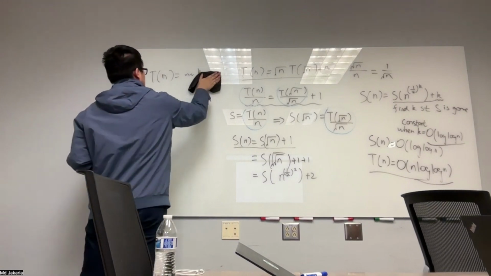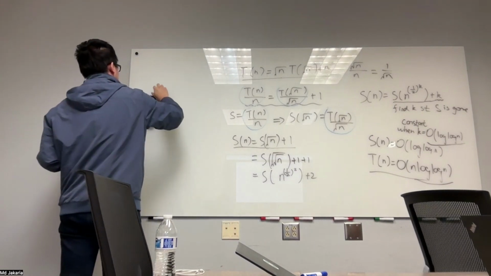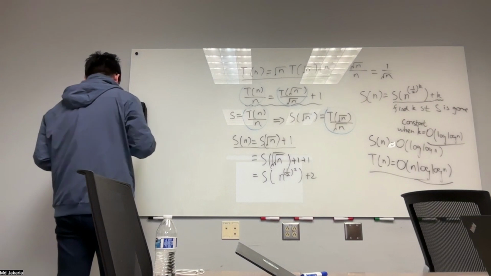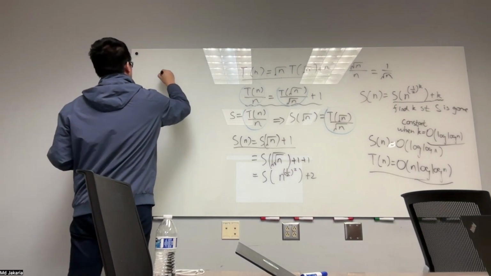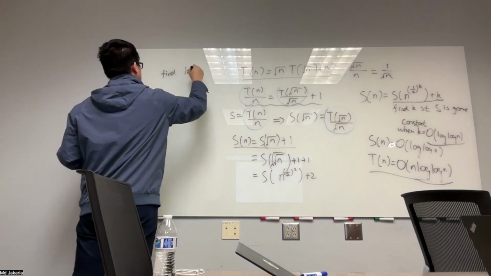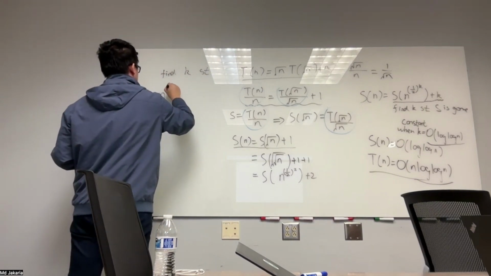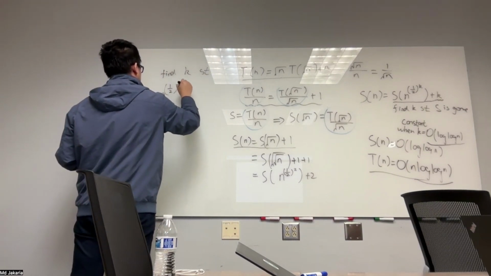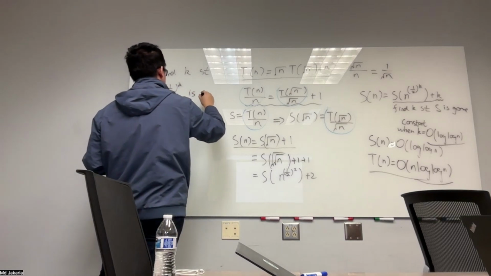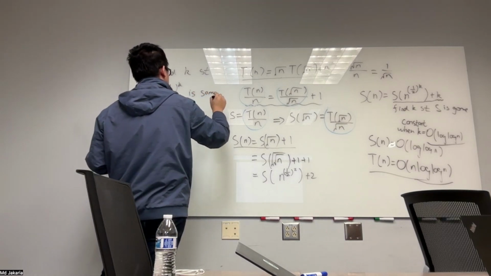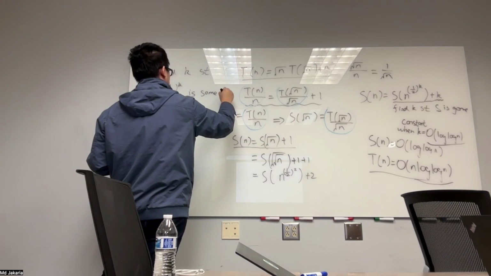we have n to this one is some small constant.